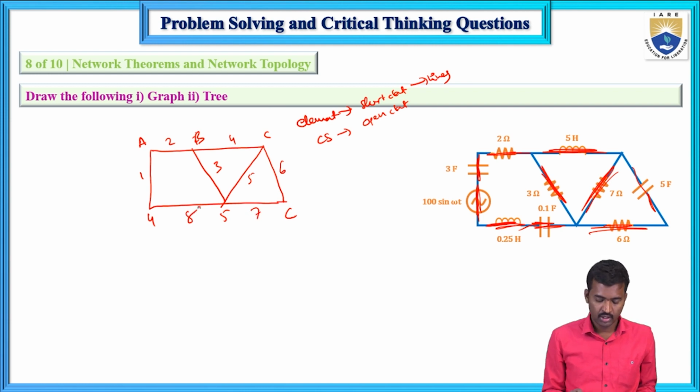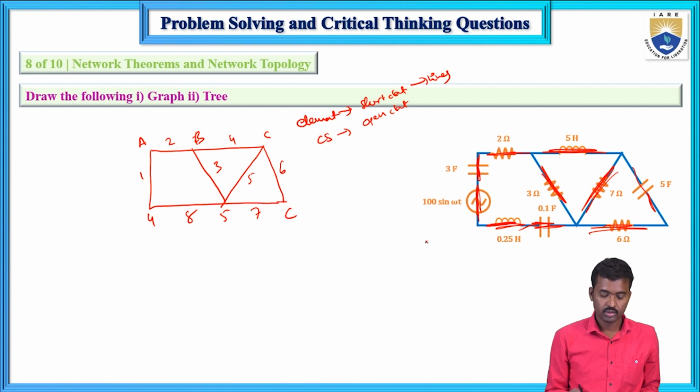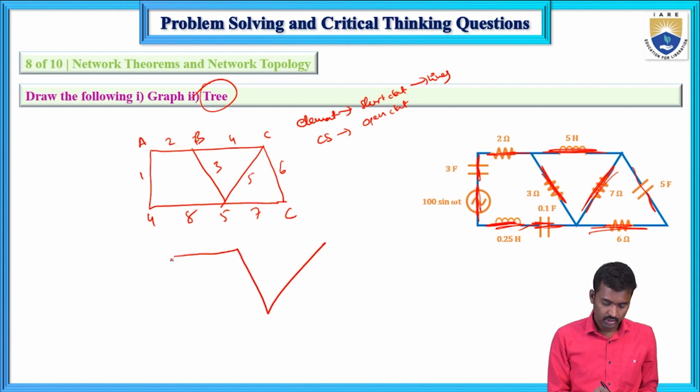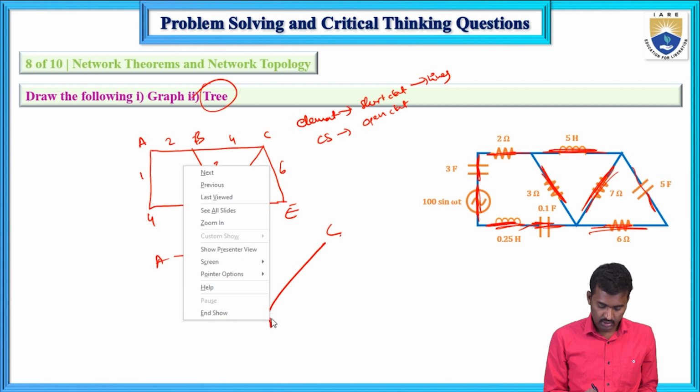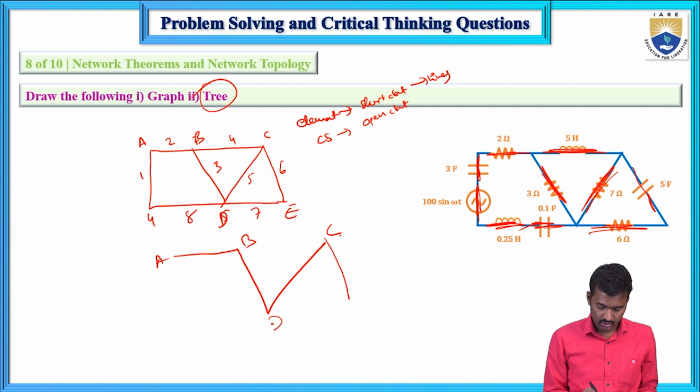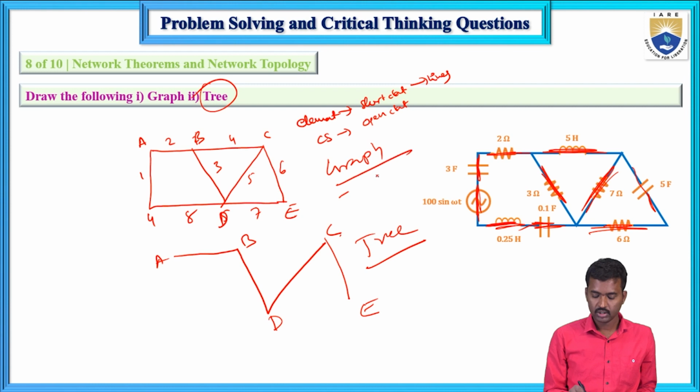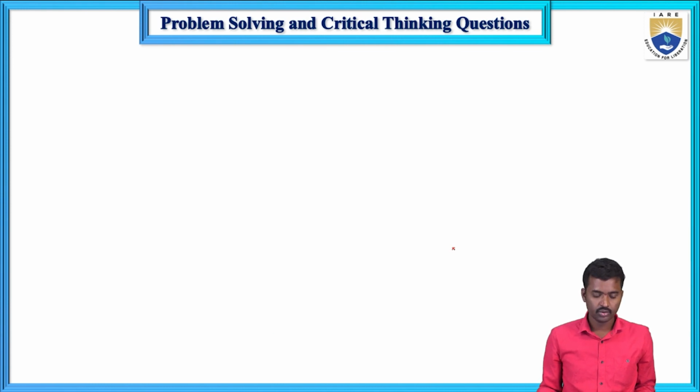Now here we can draw the tree. This is the tree with 5 nodes: A, B, C, D, E. This one is the graph, and this one is the tree. Graph and tree. Next, 9th question.